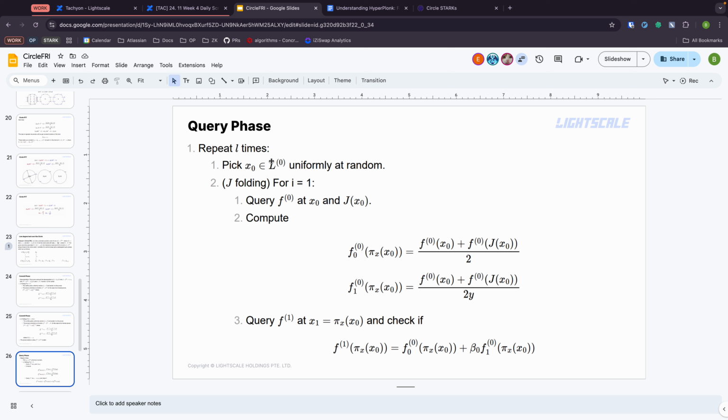Here this is actually the bivariate domain, so it's gonna be xy inside x0. So jx is gonna be x minus y, which is also another way of writing the previous FFT case, and px is just x, because this is the x projection. Also same here. Then we query f1 at the x projection of x0, and this is the point used in the next step, and then we check if this holds.